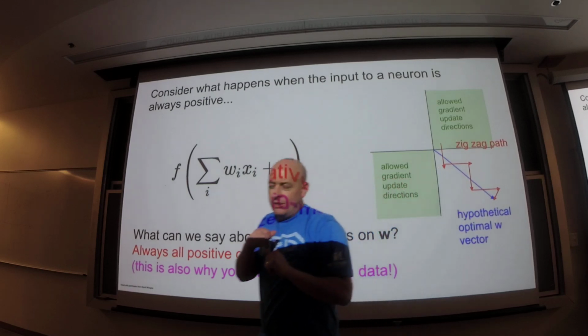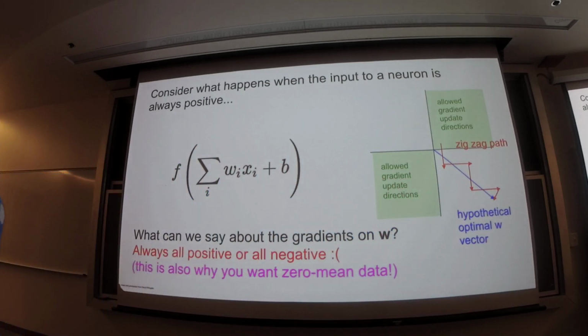So you can't walk in a diagonal direction, I mean, you can walk in a diagonal direction that is all positives, but you can't walk in the right direction if the direction you need to go has different signs. You're doing this kind of zigzagging path along the way, which can work, right? But like I said before, it's slow and it becomes unstable if you have your learning rate set wrong. You're doing a lot of jumping around where you want to be.